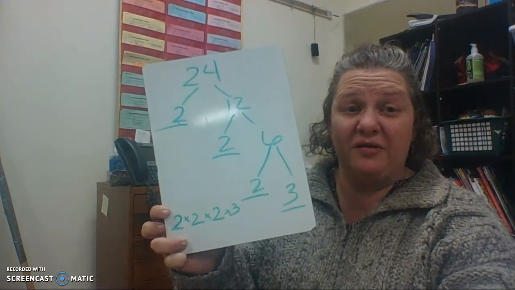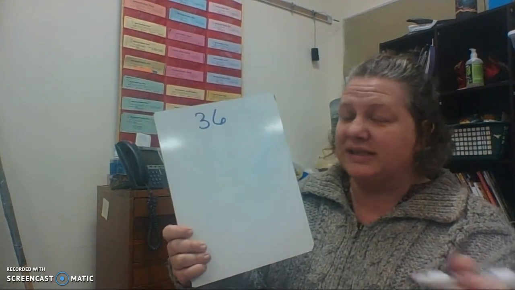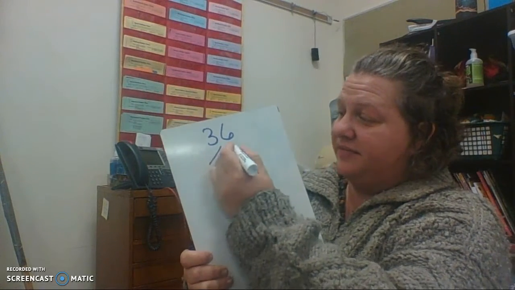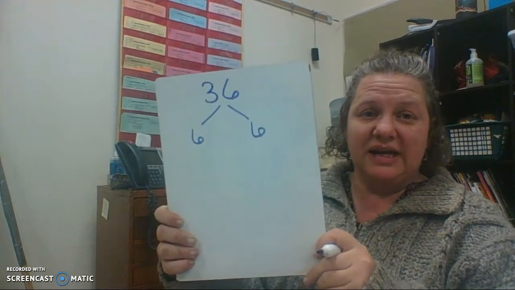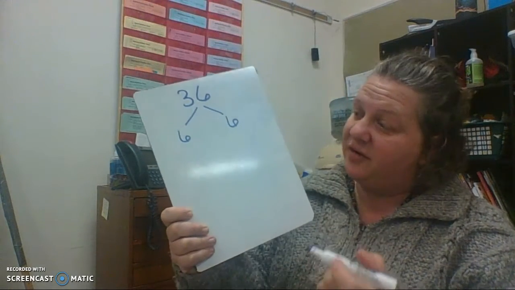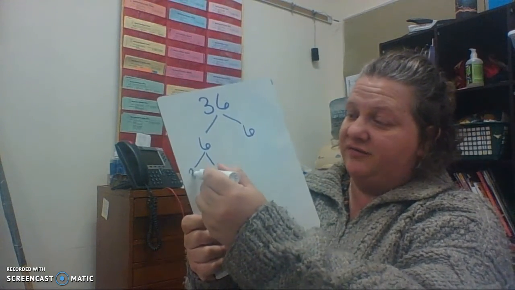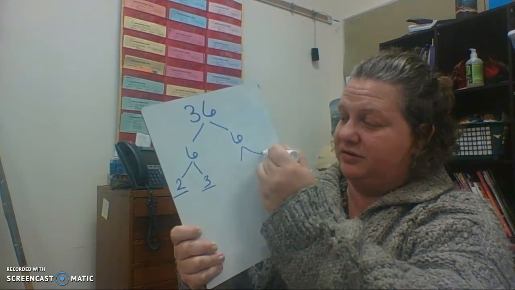All right, let's try another one. Now let's go for the number 36. We could divide it by 2, but this time I'm going to do it a little different. This time, I know that 6 times 6 equals 36. So I'm going to take a 6 over here and a 6 over here. 6 times 6 can have numbers go into both of them, so we're going to do it again, and we have 2 times 3, and another 2 times 3.